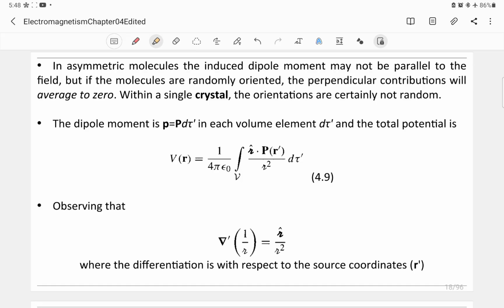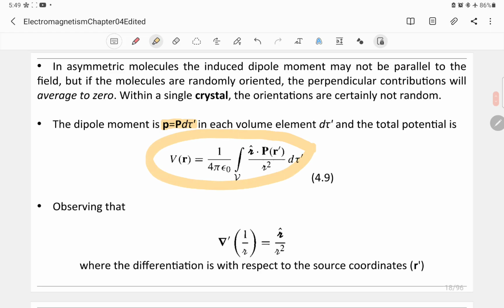Within a single crystal, most of the atoms are oriented in a single pattern. So the dipole moment p in each volume element d tau would be given by this. And so the total potential then would be this one.